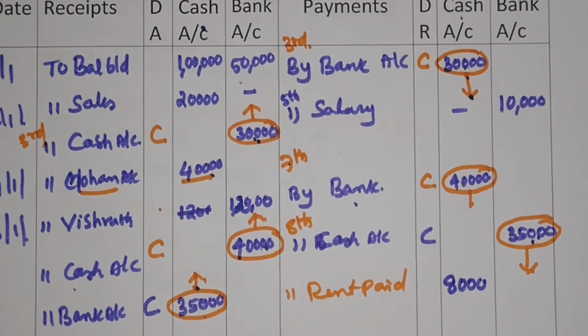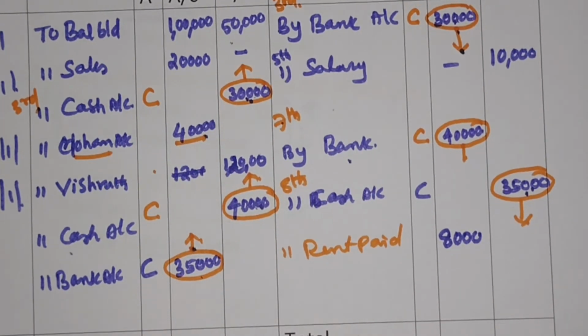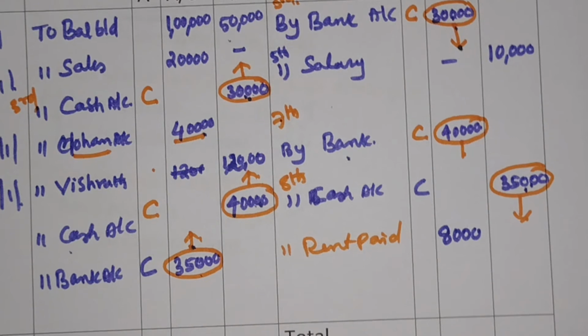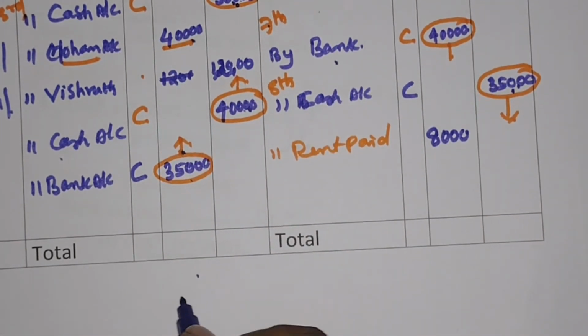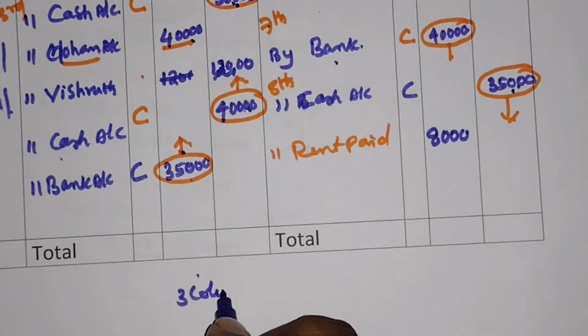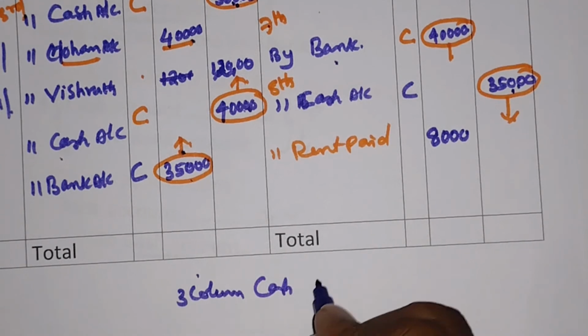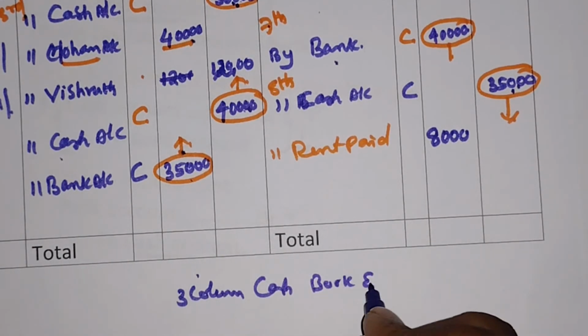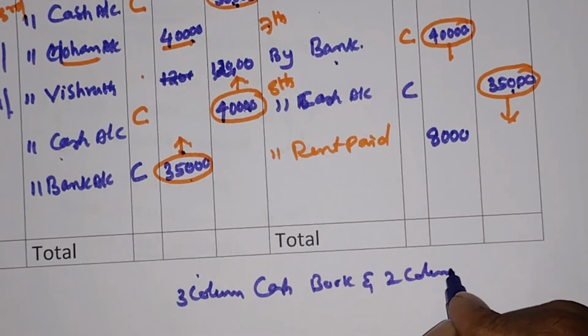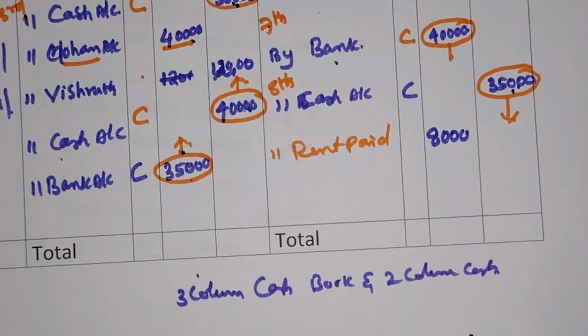Next, one more piece of information. The concept of 3-column cash book and 2-column cash book. Both are one and the same except for only one column. That one column which we are going to take here is discount allowed and discount received.